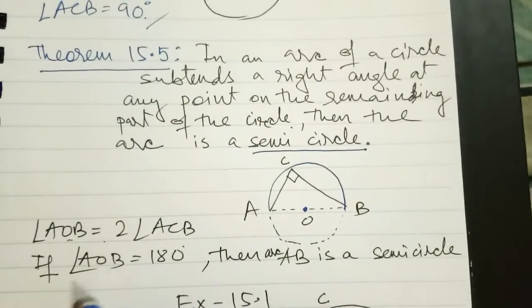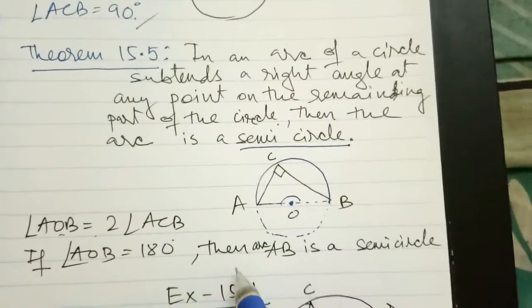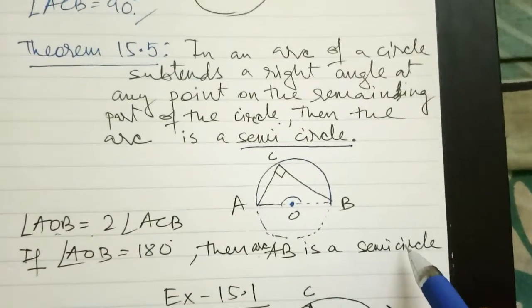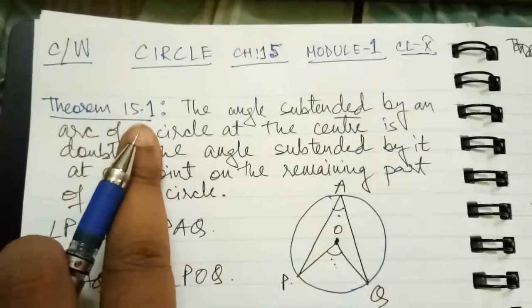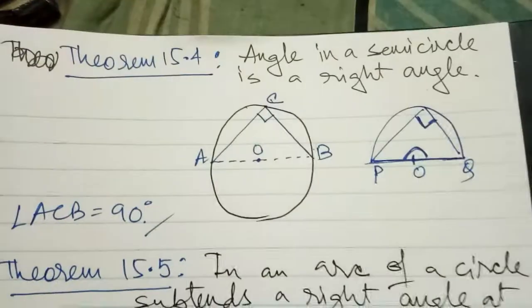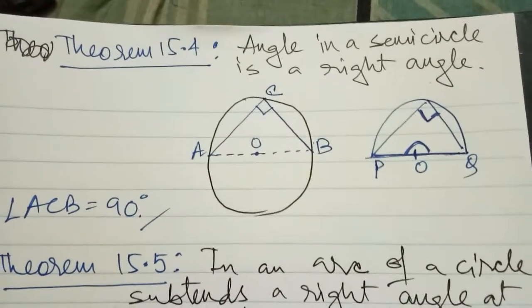Now from here, if AOB is coming 180 degree, then definitely we can say that arc AB is a semicircle. But I just want to tell you that these 3 theorems, 15.1, 15.2 and 15.4, you keep in your mind. Learn these theorems, and then you go for the exercise questions.